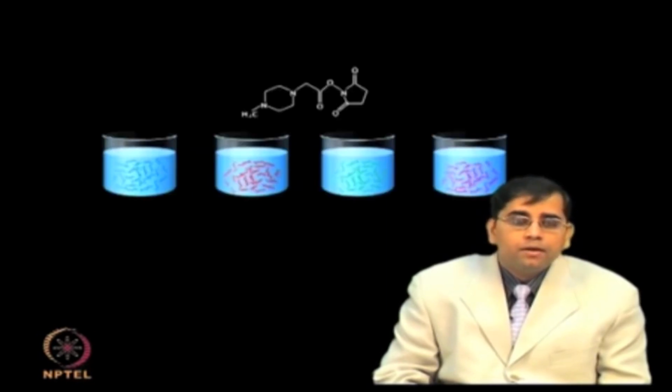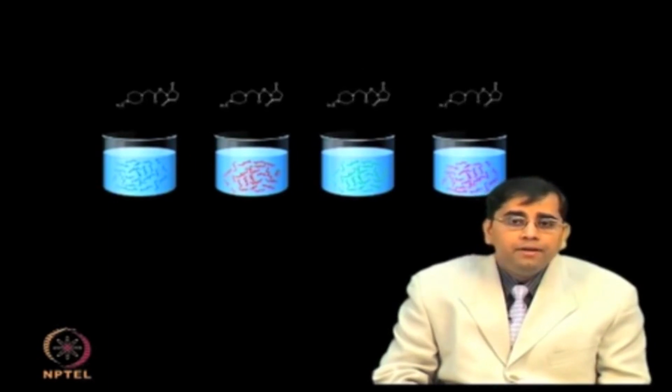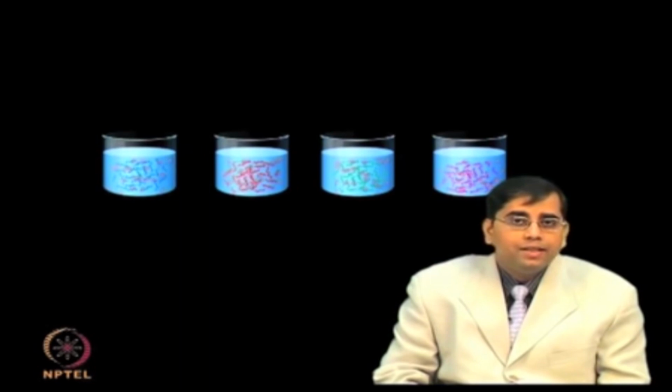iTRAQ is an MS based technique for relative and absolute quantitation of protein. iTRAQ reagents are a set of 4 isobaric amine specific labeling reagents: 114, 115, 116 and 117.